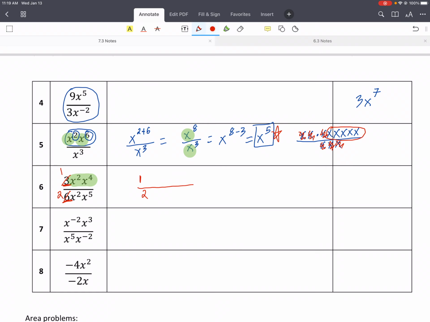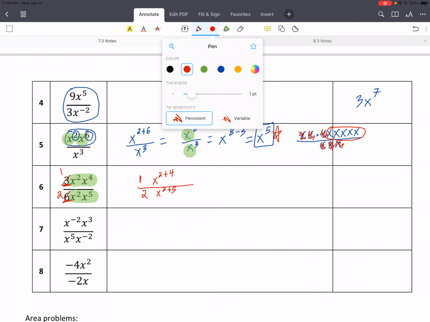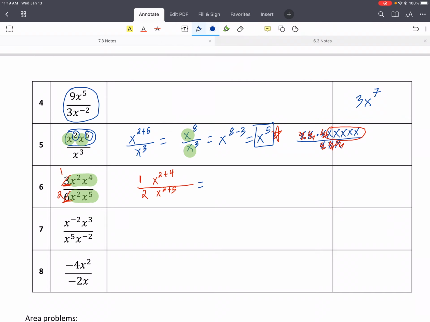We add those exponents, so it would be x to the 2nd plus 4. And we do the same thing on the bottom. So it would be x to the 2nd plus 5. And so that comes down to being 1, or we can not even write that, we could just write it as x to the 6th all over 2x to the 7th.